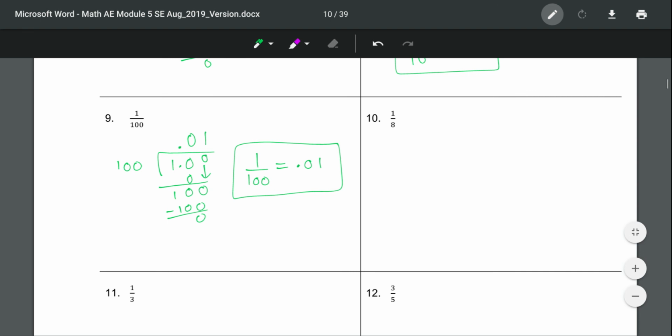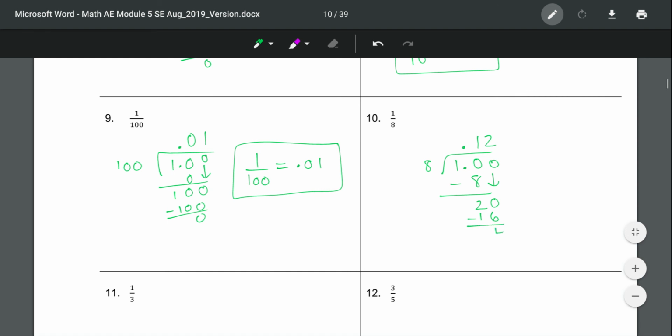Now 1/8, divide 1 by 8. 8 doesn't go into 1 evenly, so add a decimal point, add a 0. 8 goes into 10 once. 1 times 8 is 8. Subtract 8 from 10, you get a remainder of 2. Add another 0, bring it down. 8 goes into 20 twice. 2 times 8 would be 16.